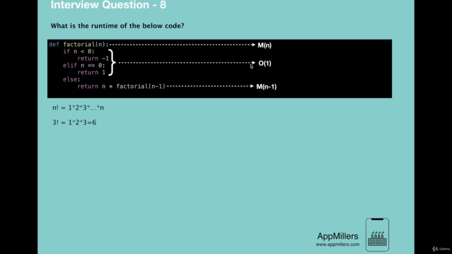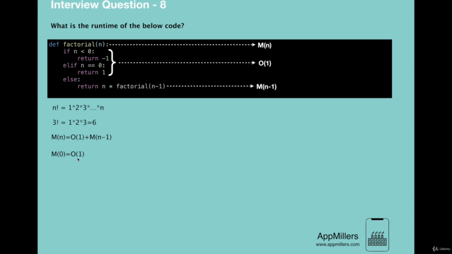So based on this, we can write our equation like this. The next step is we need to find this until we reach where n equals 0. When our function takes n equals 0 as a parameter, the time complexity will be constant, which means that M(0) will be O(1).